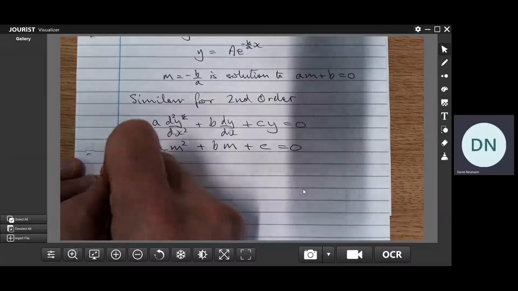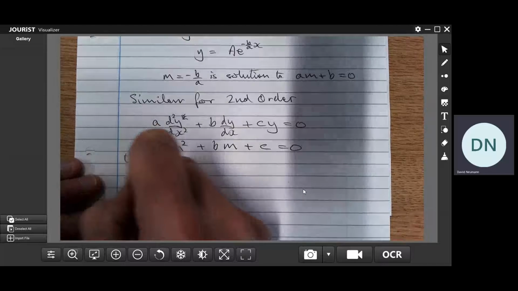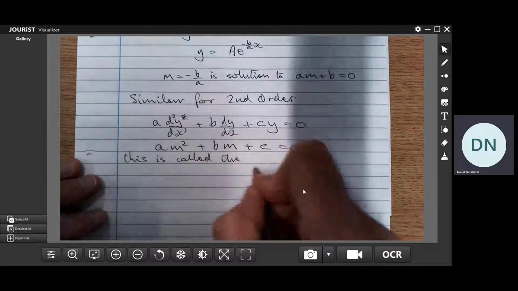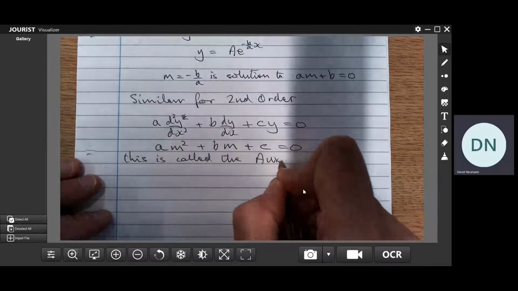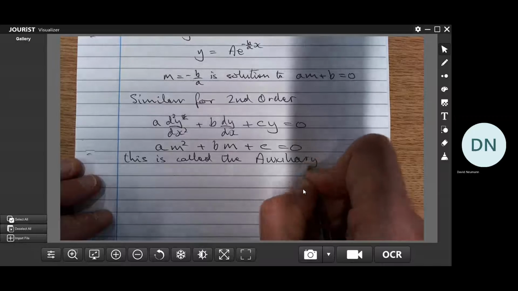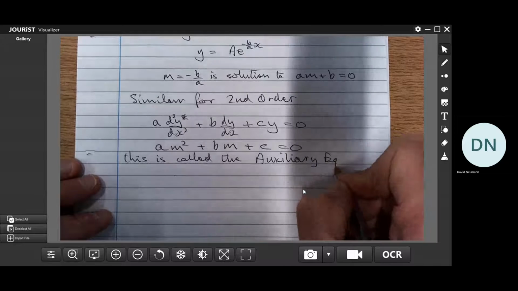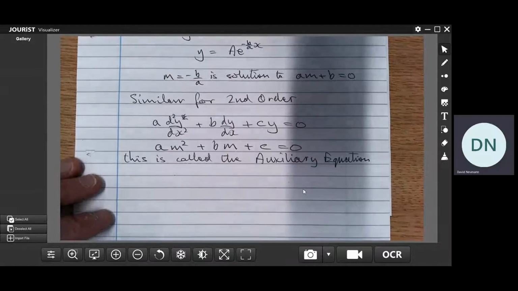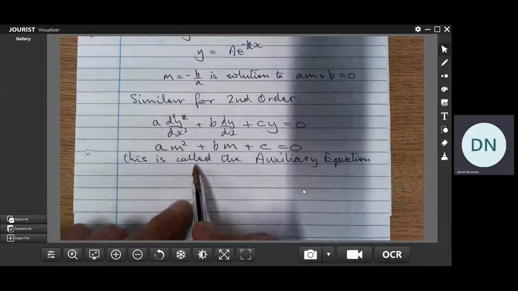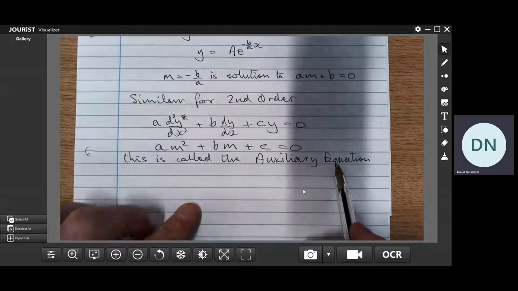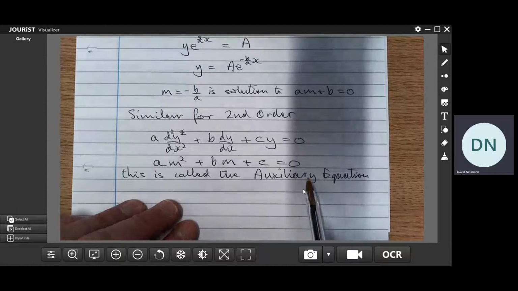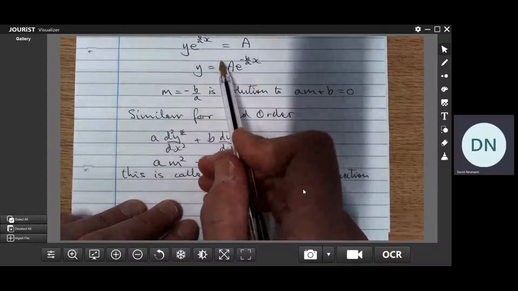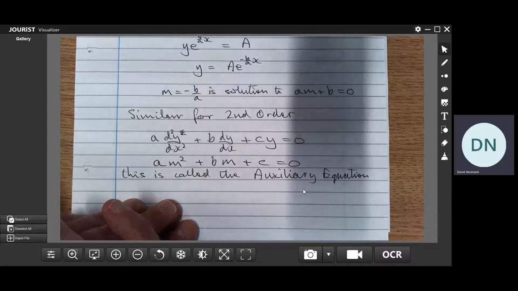That equation is called the auxiliary equation. So we're going to solve that auxiliary equation, and then we're going to get general solutions which look something like this one did for the linear equation.